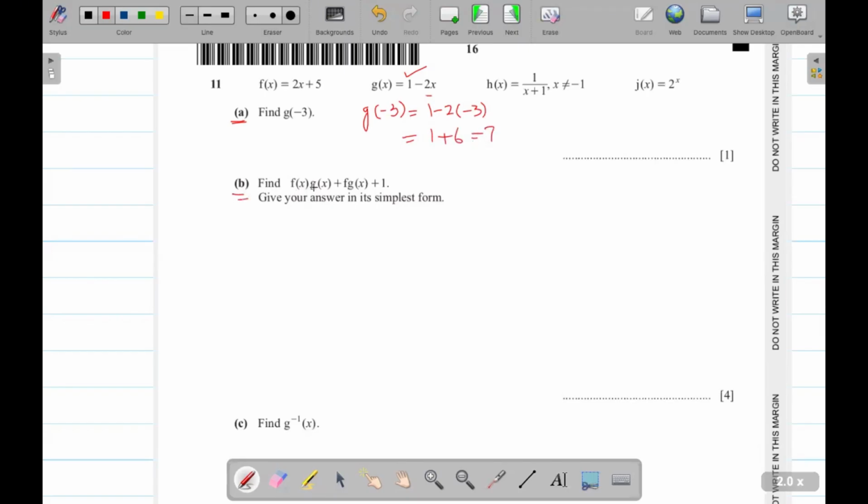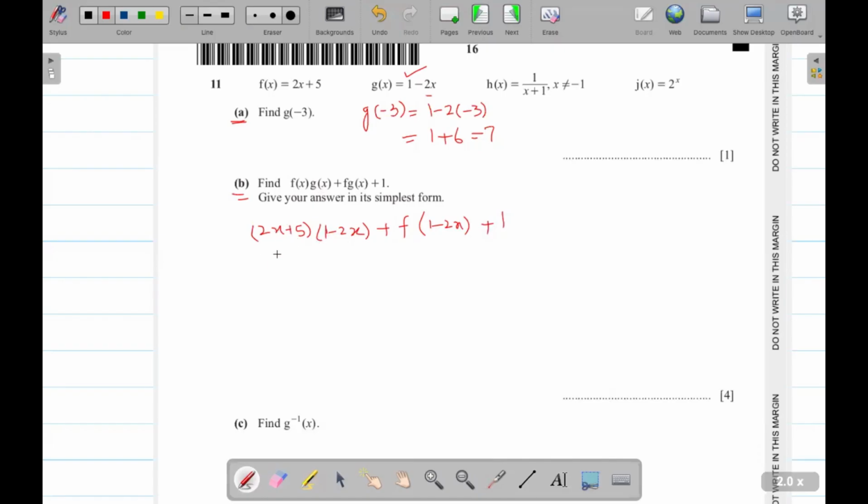Part B, find f of x, g of x plus f of g of x. Look here, the f of x value is 2x plus 5 and the g of x value here is 1 minus 2x. We will substitute 1 minus 2x in f of g of x. We write f of g of x, the value is 1 minus 2x plus 1, we write as it is, and we will multiply this value.